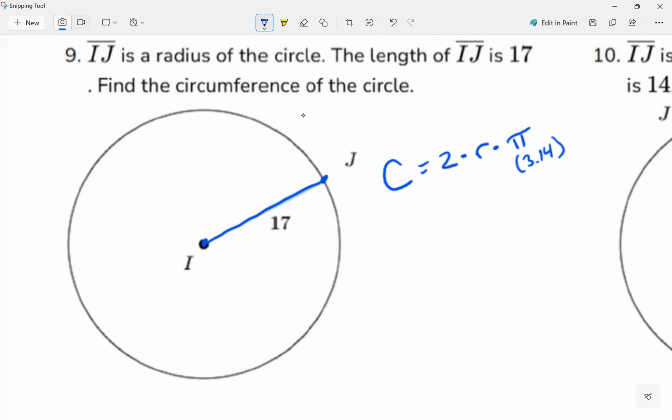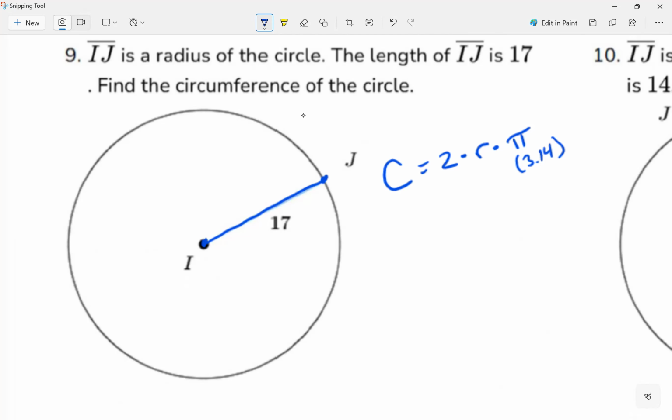There is a difference: if you use pi or 3.14, our answer is going to be a little different. However, I'm going to accept it either way. When I do my key on my homework, it will accept either of the two answers.